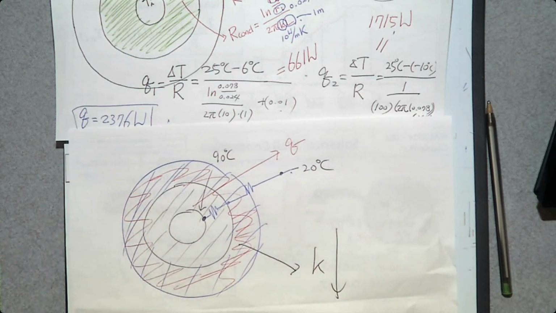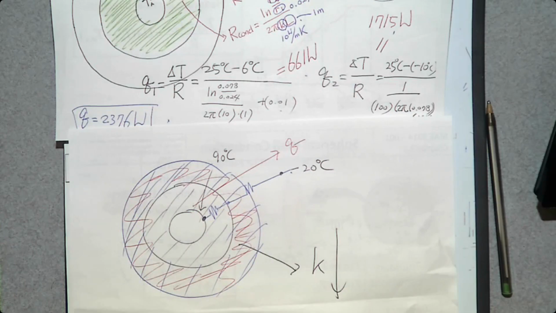So if you add an insulation, you are going to create what? Another layer of conduction resistance that will decrease the rate of heat transfer. So when you add an insulation, that means in heat transfer, you are creating conduction resistance.